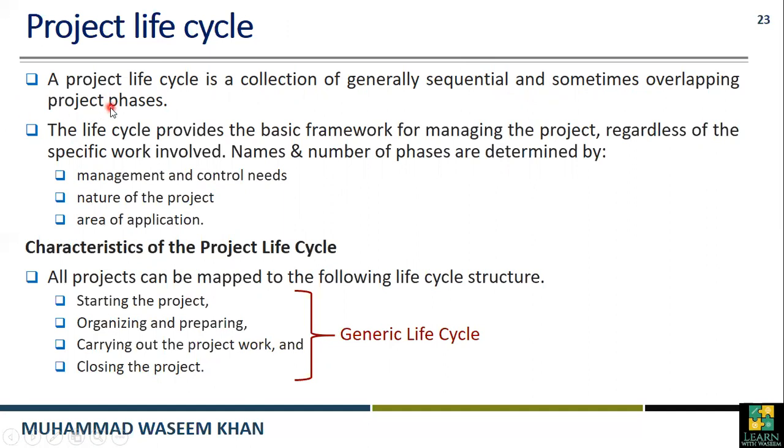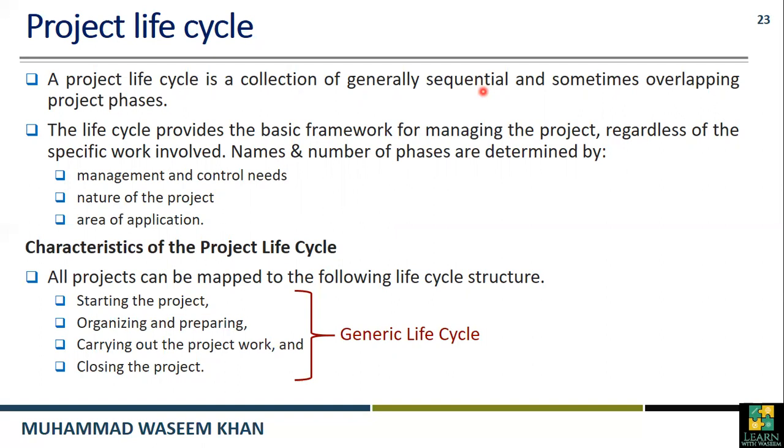So, in project life cycle, we can have a number of project phases, obviously. Usually these phases are sequential and sometimes overlapping. Sequential means that, for example, if a project life cycle has four phases, phase two will start once phase one is completed.